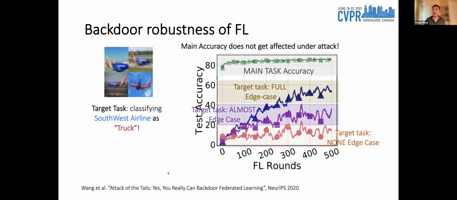But if it's not the tail, the edge case, and it happens on the common pattern of the data distribution, then it cannot persist very long, and it's very hard to inject into the global model.